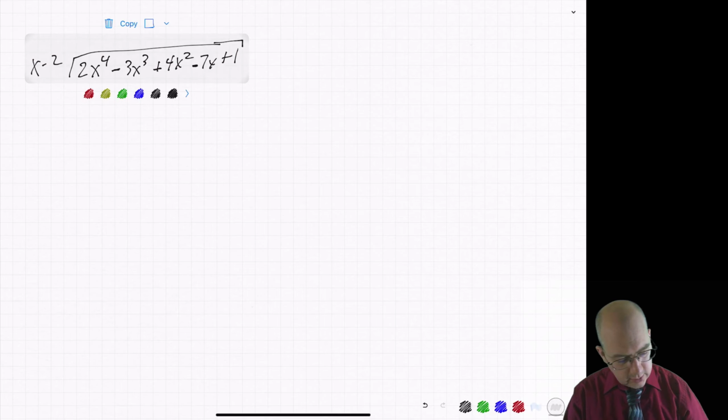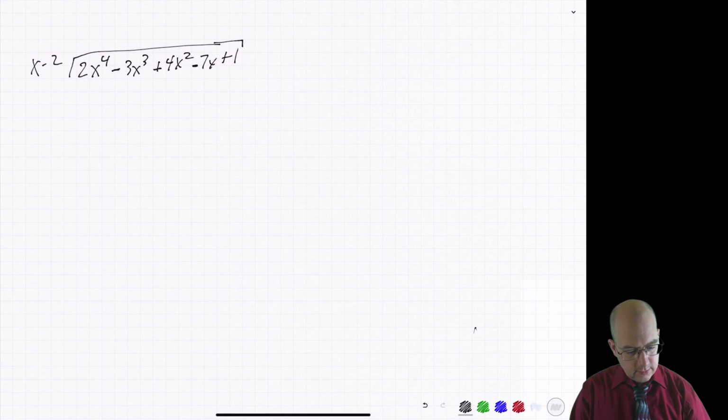Let's just put that down. All right. Good. So this is our problem. And here's how we would set it up for long division. Now here's synthetic division.